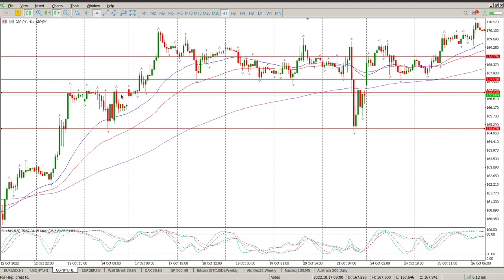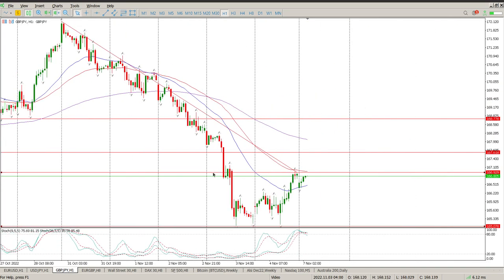You can see this area here from October, and we did kind of flirt with it once on Thursday last week, and at the moment we are back in that area there. So if we start getting some price action on this area, then I would expect another continuation down. But we could also just find some support here.